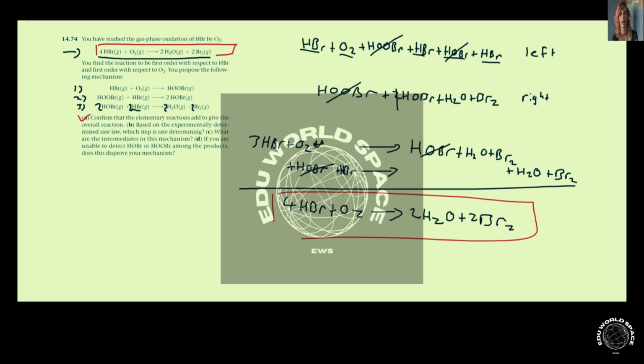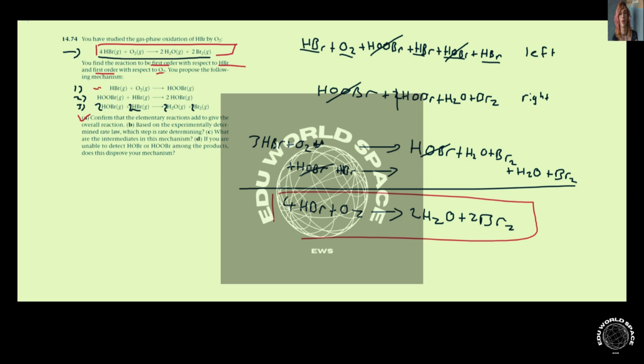In part B, they're asking, based on this experimentally determined rate law, which step is the rate determining step? So this is first order with respect to HBr and first order with respect to O2. So we need to determine the slow step, because the slow step is always the rate determining step.